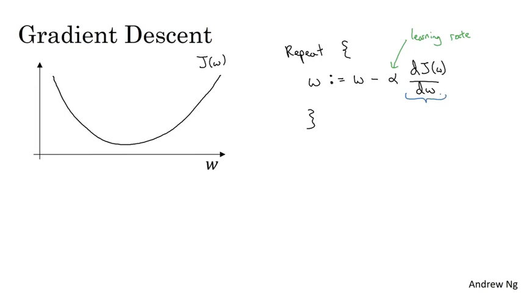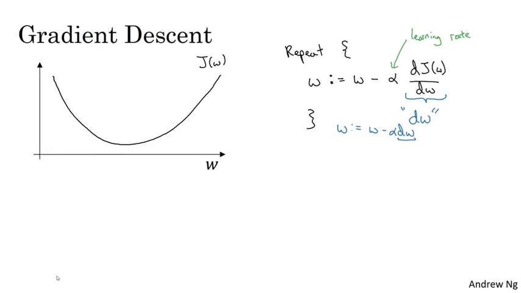This is basically the update or the change you want to make to the parameter W. When we start to write code to implement gradient descent, we're going to use the convention that the variable name in our code dW will be used to represent this derivative term. So when you write code, you write something like W colon equals W minus alpha times dW. So we use dW as the variable name to represent this derivative term.